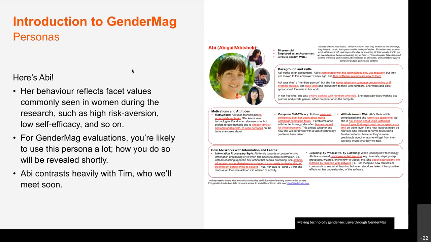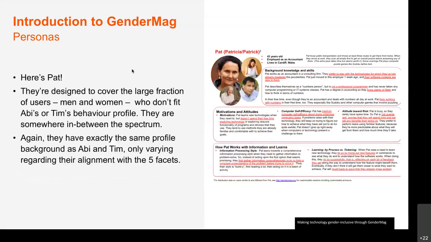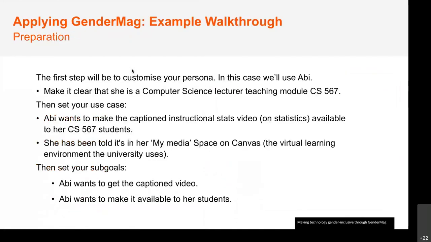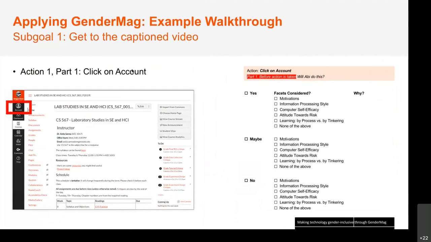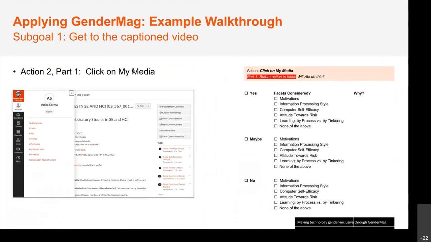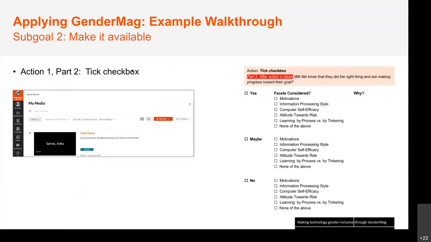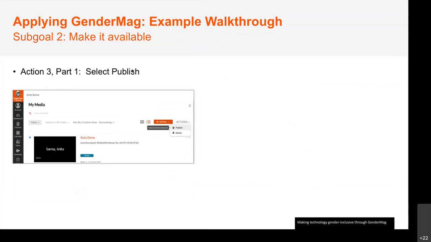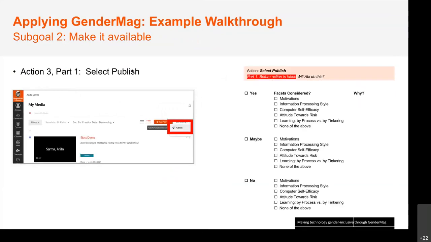The second thing that avoids bias is that we want an evaluation team, and I mention it later on, that we're not looking for consensus in the team about the yes, maybe, or no, or even the facets. So after this evaluation, you would have a debrief. You would take all of the forms that have been filled out by the team and just count how many maybes and no's there are.